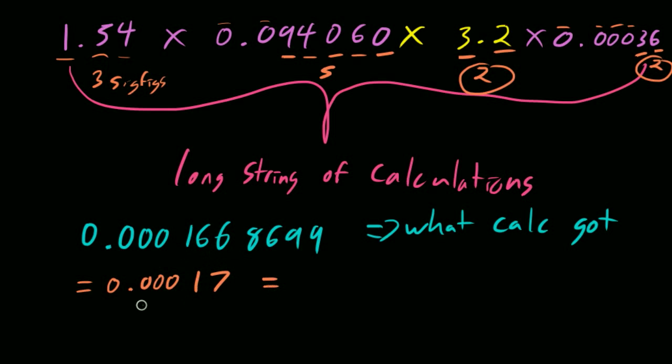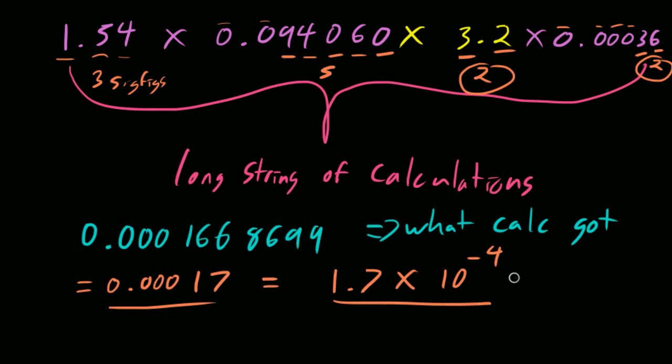So we would count how many decimal places we want to move this point. 1, 2, 3, 4. We want to move the decimal point 4 places. So we're going to write this as 1.7 times 10 to the minus 4. And that would be our final answer, even though the other form would be fine too.